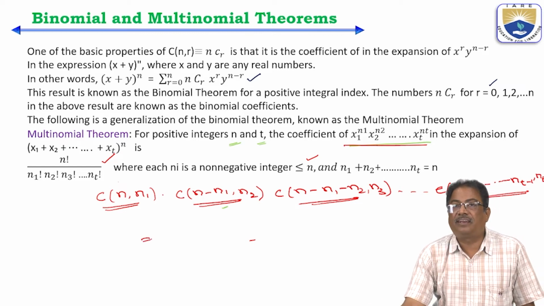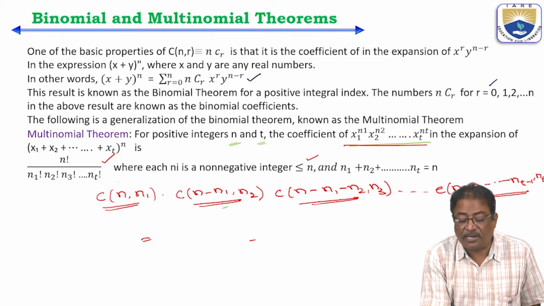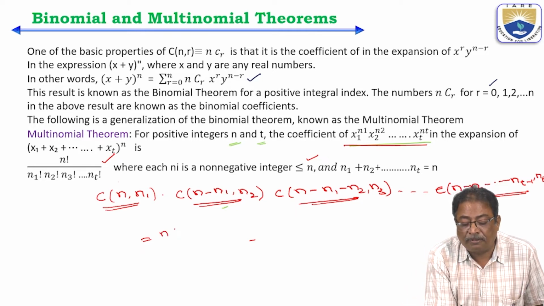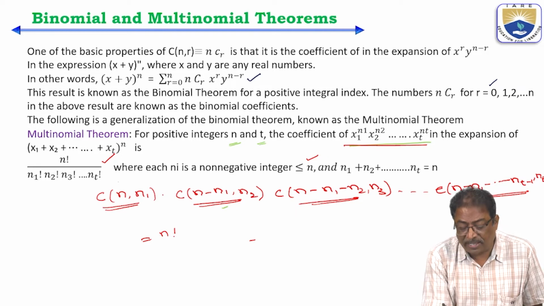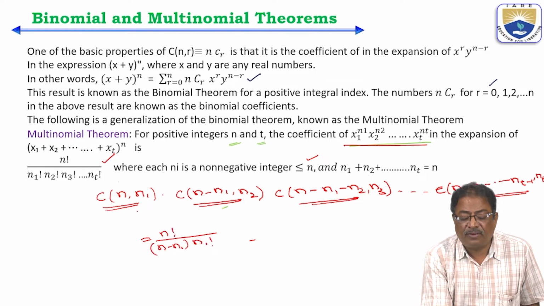Then this is nothing but n factorial by (n minus n1) factorial into n1 factorial for the first.